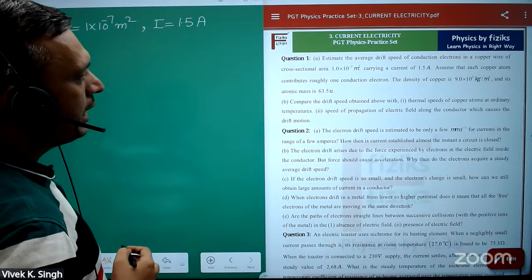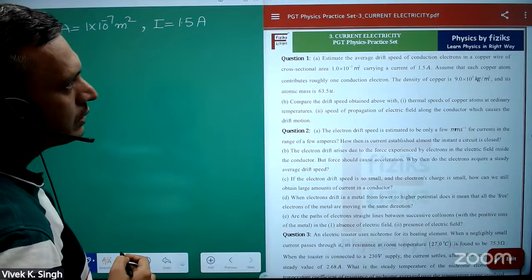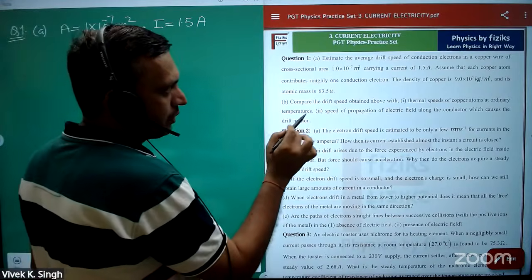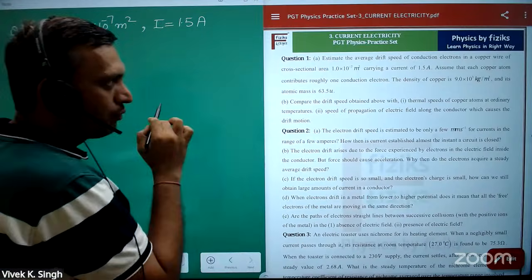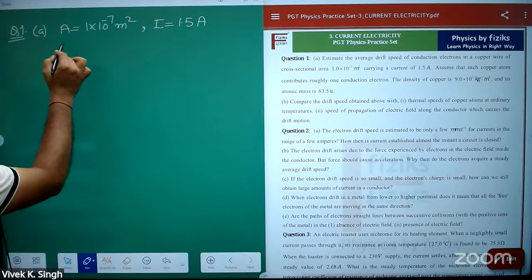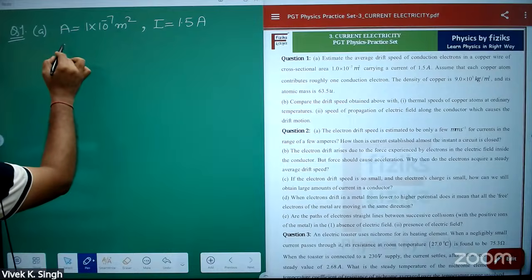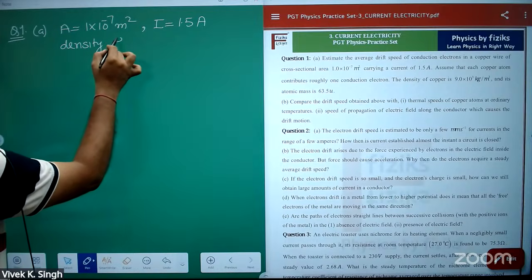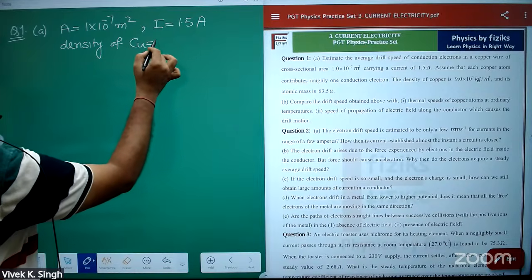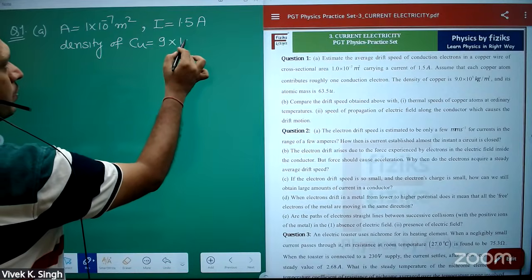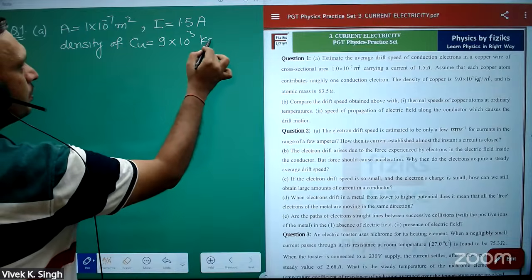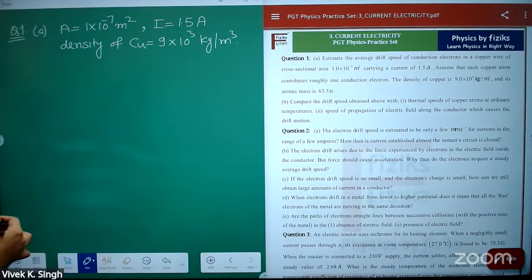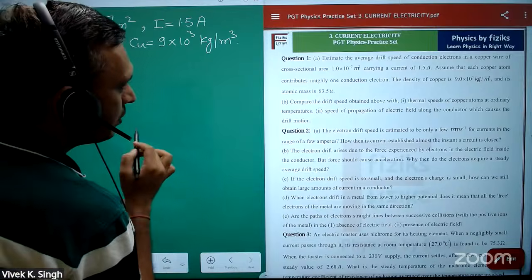Assume that each copper atom contributes roughly one conduction electron. The density of copper is 9 into 10 to power 3 kg per meter cube, and its atomic mass is 63.5.